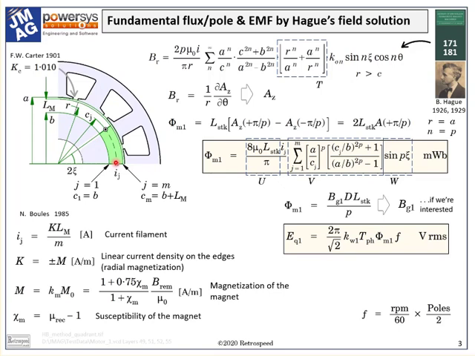For a radially magnetized magnet, the result is particularly simple, and it is shown here as K amperes per meter along the edges of the magnet. K flows, of course, in the axial direction, and it goes without saying that we're dealing with a 2D, two-dimensional field solution, infinitely long in the axial direction, the Z direction.